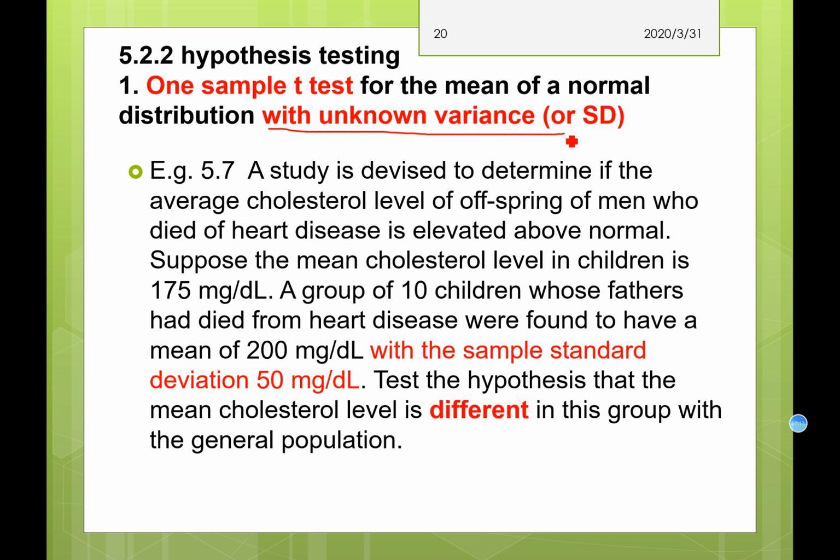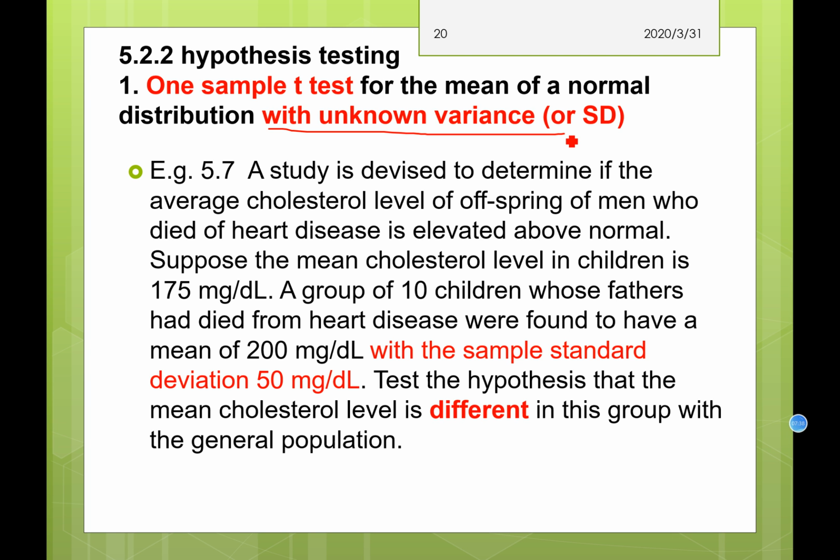And the most important precondition is the variance or standard deviation. So if the variance, namely sigma square or sigma, is given, we can use z-test. But when sigma is not given, we can only use t-test.